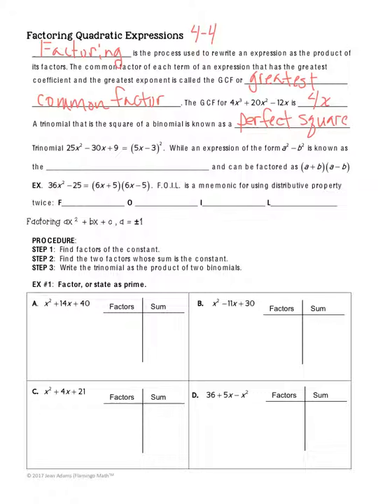Then another favorite factor pattern is a squared minus b squared, and it's known as the difference of two squares. Okay, and it can be factored, and this is its pattern, into this.